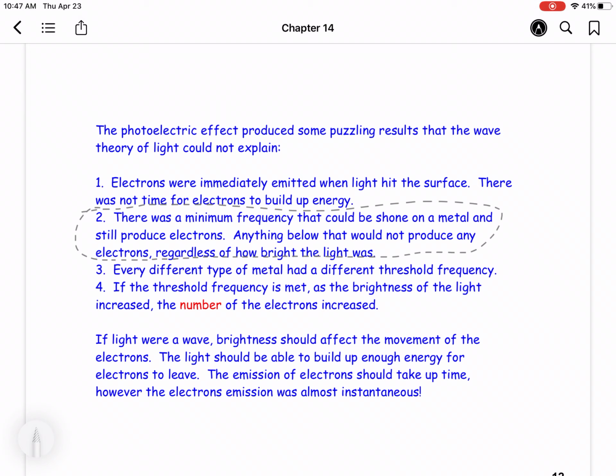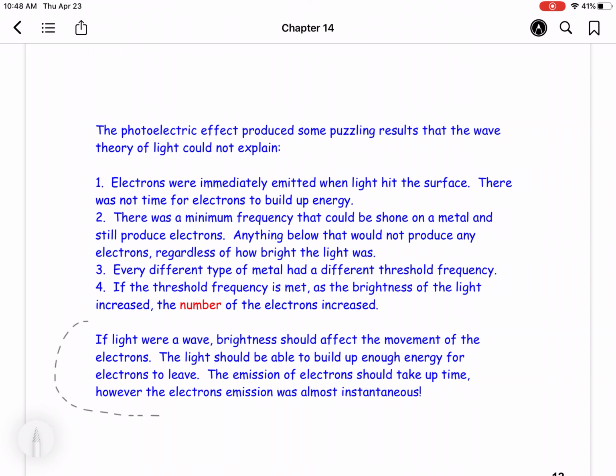If you had anything below that frequency, no electrons were produced. Every different type of metal had a different threshold frequency, so you had to hit a certain frequency before it started doing this effect. And if the threshold frequency is met and you make the light brighter, the number of electrons increases. None of these things really make sense for the wave theory of light.